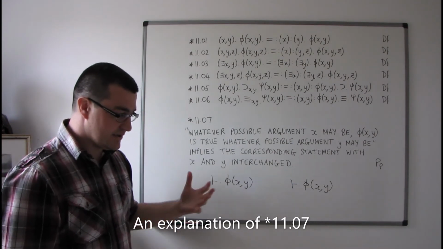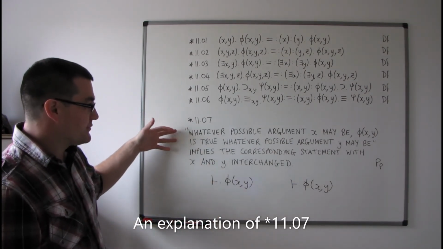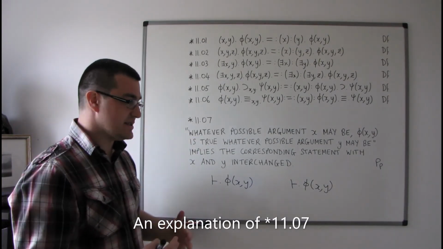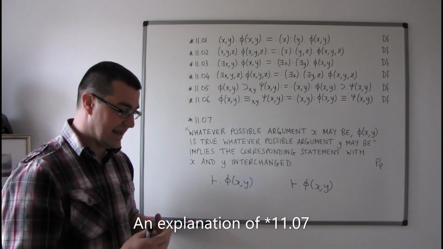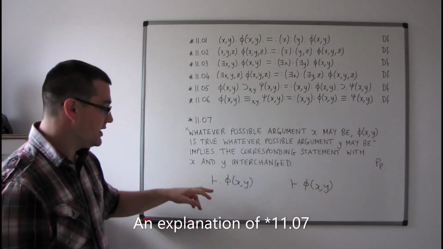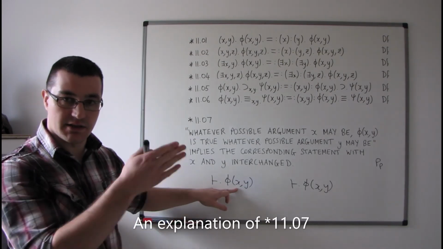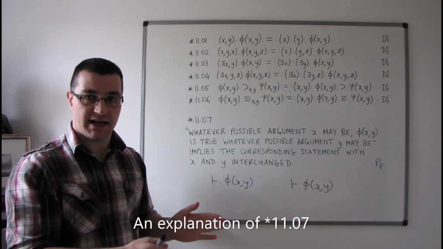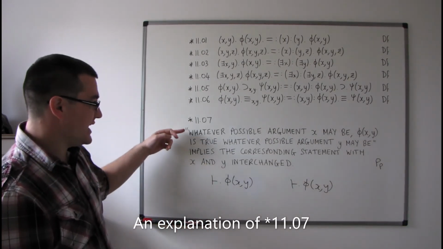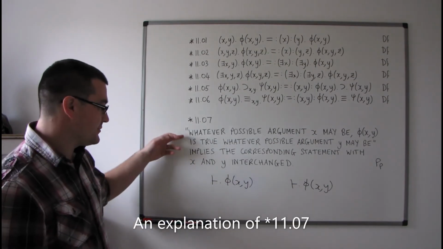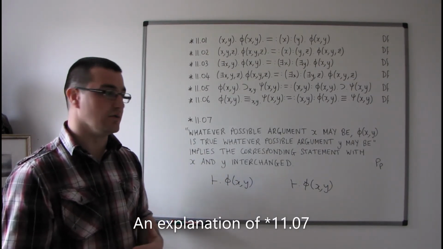Well, maybe the difference is this: this primitive proposition I see as really addressing a problem with the notation that's being used, just an inherent defect in the notation. When we see the phi xy, we kind of see the x as the first variable, the y as the second variable, and we see them in that order. What this is saying, or the way that I interpret it, is that there is no real order to the variables involved.